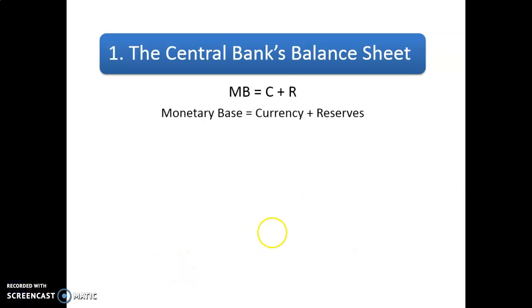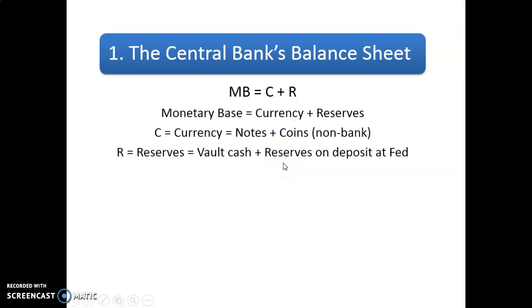We can take the basic equation and expand it. Currency equals all the notes and coins in circulation. Reserves would be vault cash that a bank has in its vault plus its reserves on deposit at the Fed.